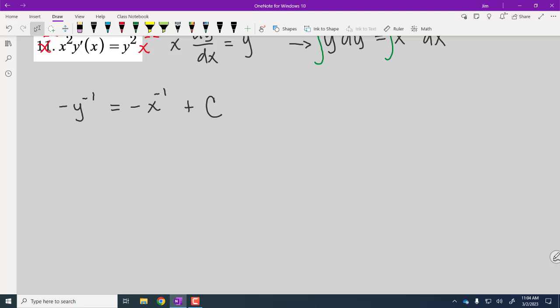Well, we don't want to find the reciprocal of negative 1 times the function. We want to find the function. We want to get y all by itself. So first thing we'll do is multiply by negative 1. And let's clear out these negative exponents so that we can try to isolate y.